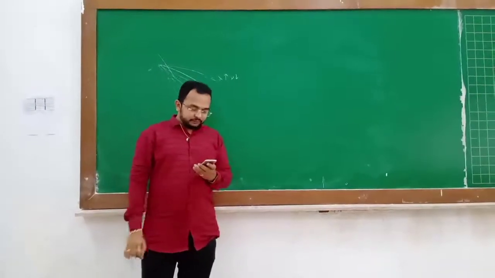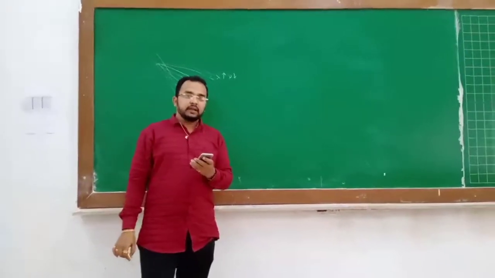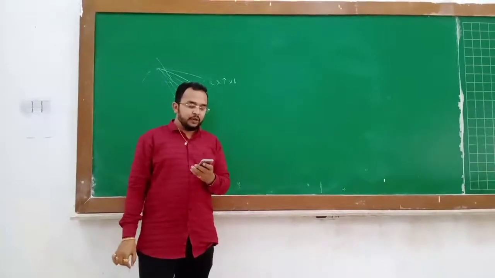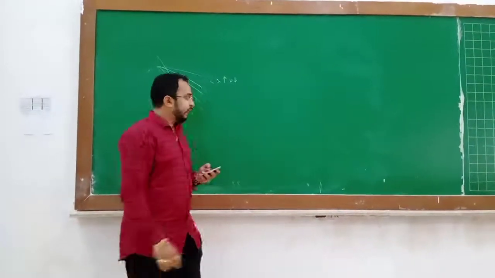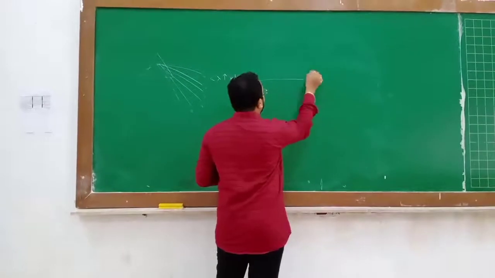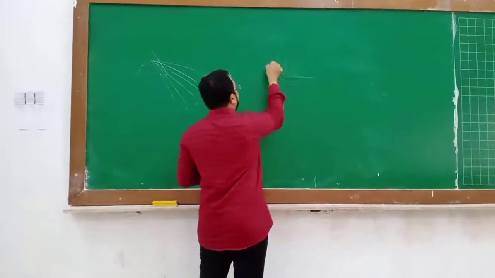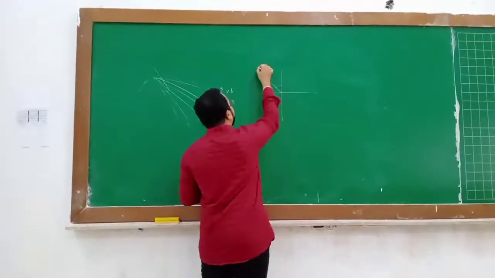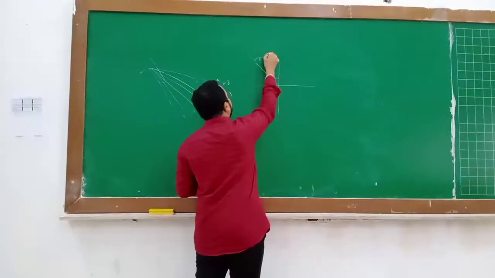Question number 3. The refractive index of a material is equal to the tangent of the polarizing angle, this is called what? Now see, this is unpolarized light.